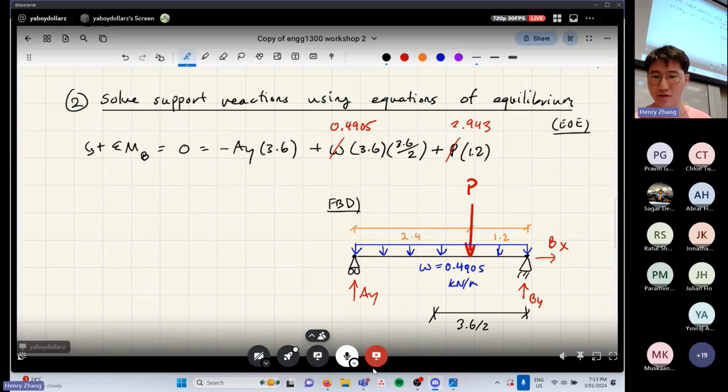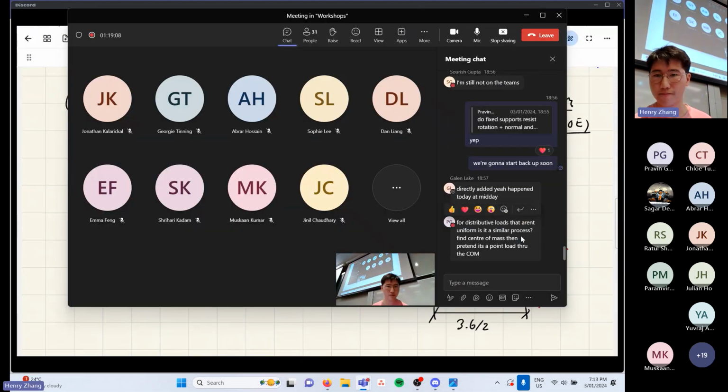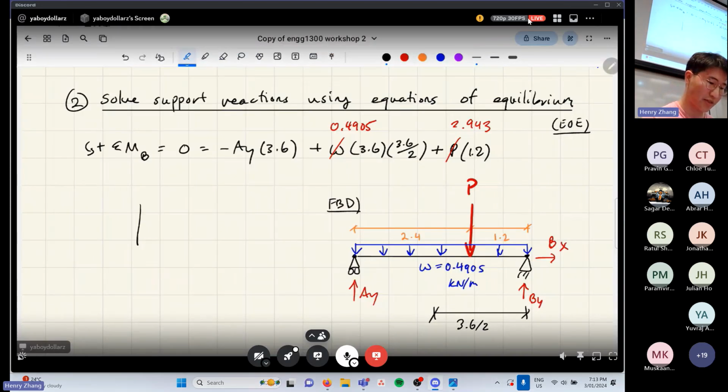I'm going to check for anyone talking in the chat. For distributed loads that aren't uniform, is it a similar process? Find the center of mass and then pretend it's a point load through the center of mass. Yes, we'll get into that next week. So for a triangularly distributed load, I'll just give you a sneak peek.